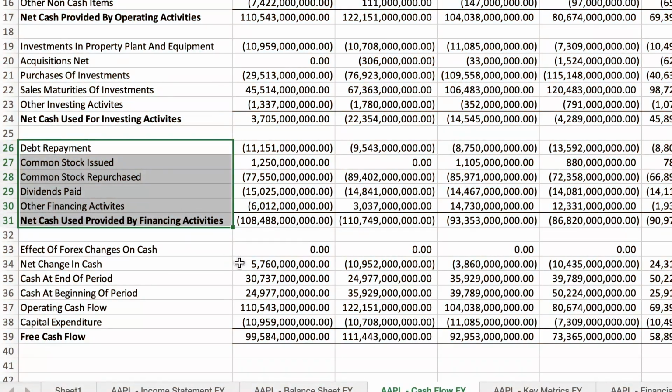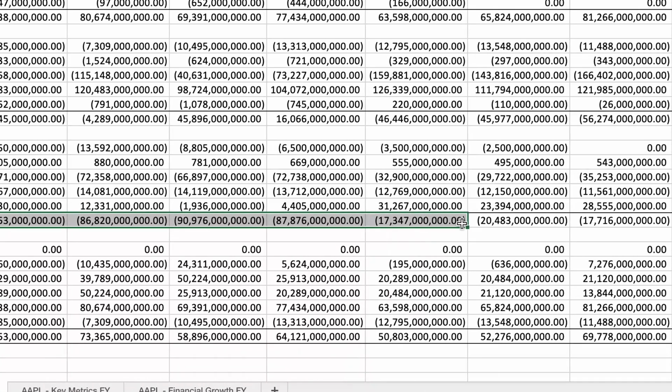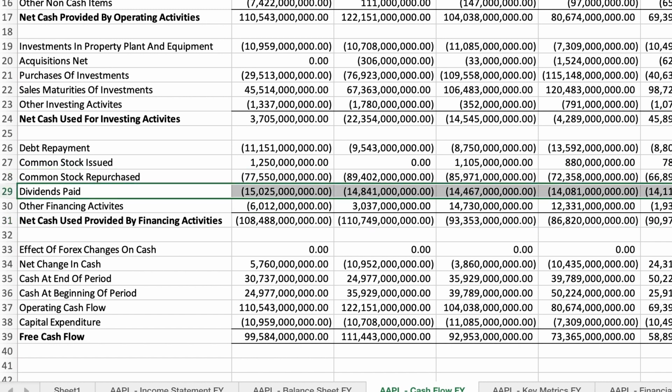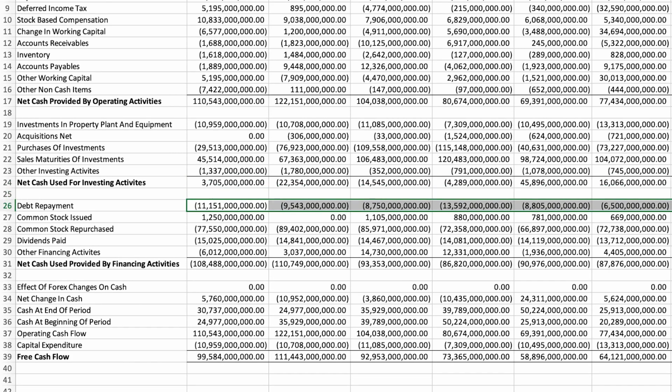Now, for the last section, the financing activities, this really depends on the company and what is happening in their operation. So for example, if the cash flow here is negative, like it happens for many different companies, this means that the company is usually using the cash to satisfy the existing investors, and this could be done in the form of dividends or share buybacks or stuff like that, or paying off debt that the company accumulated in the past.